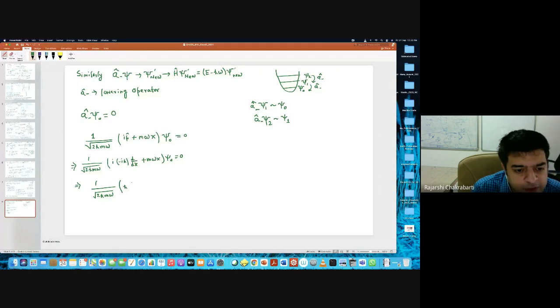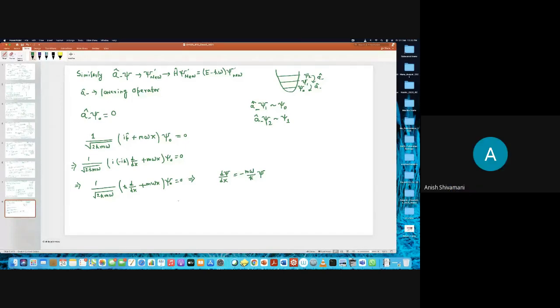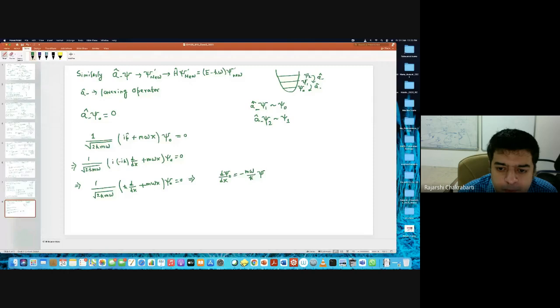So this will give you h cross d psi/dx equals minus m omega x psi by h cross. Yes, this is fine.